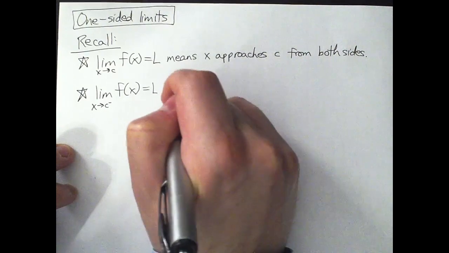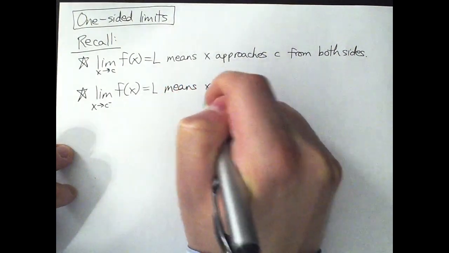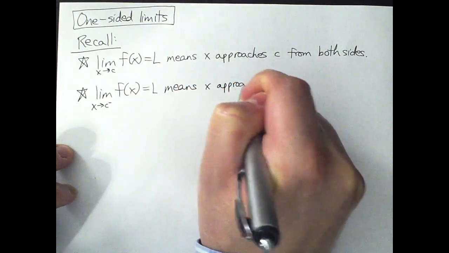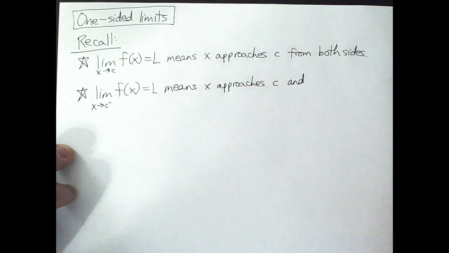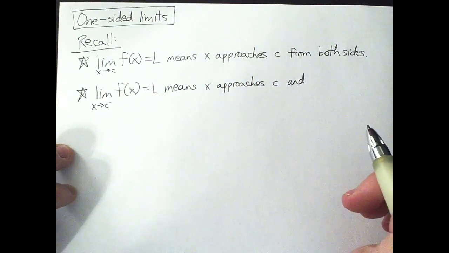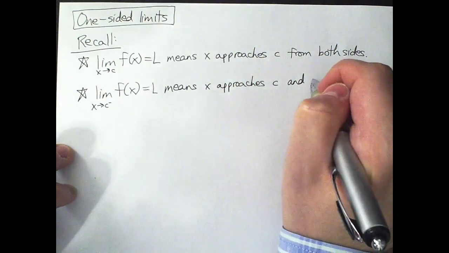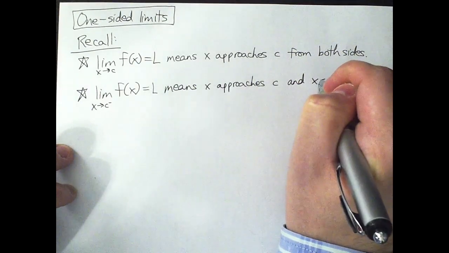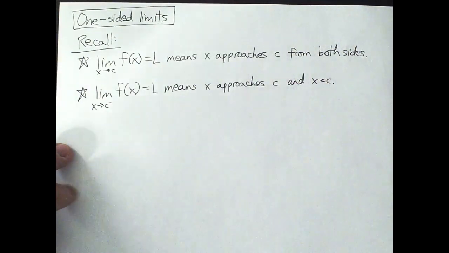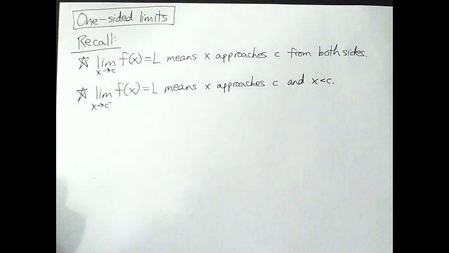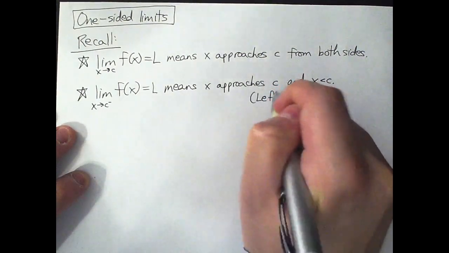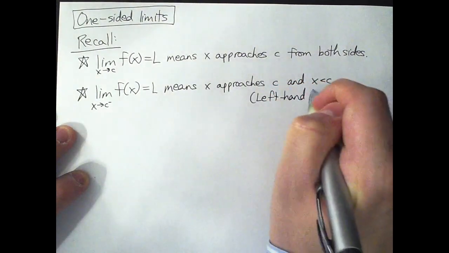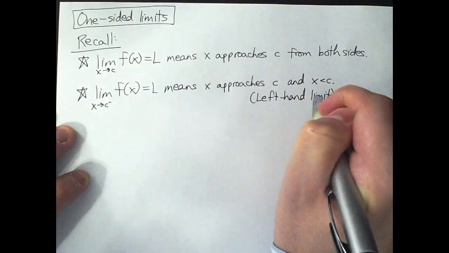This means that x approaches c, and if you remember the definition, x is less than c. I'm going to write that with an inequality symbol this time; last time we wrote it out with words. This is sometimes called the left-hand limit, so we are approaching from the left.